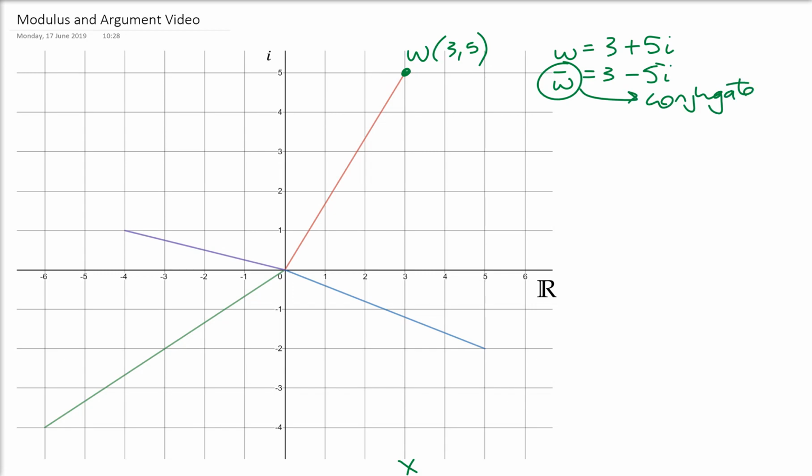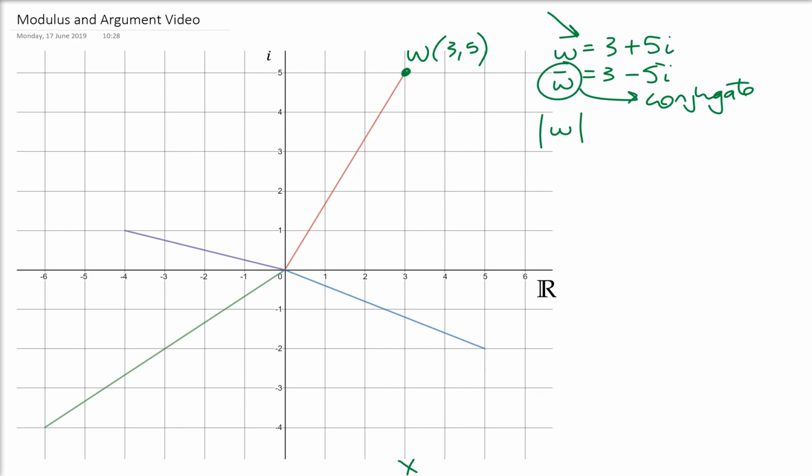What we wanted to do last week was look at the modulus, or the length, of W. This here is written in, who remembers, what form?